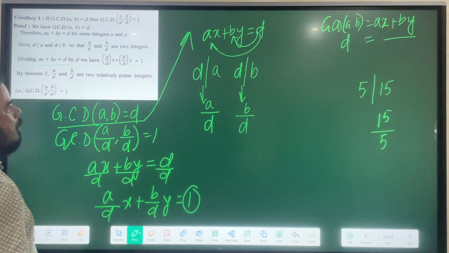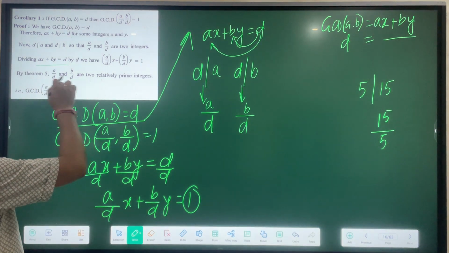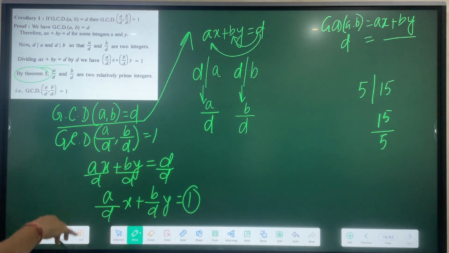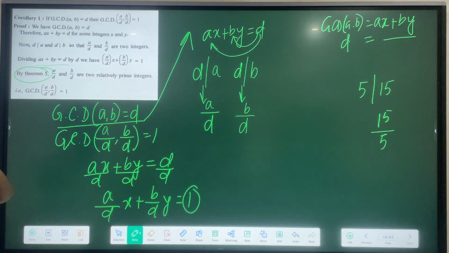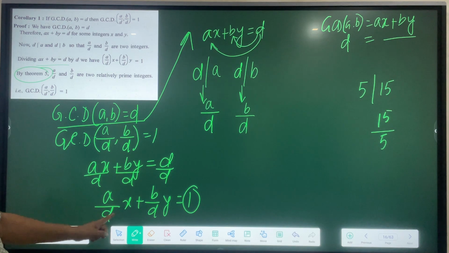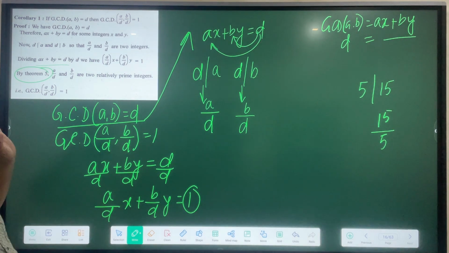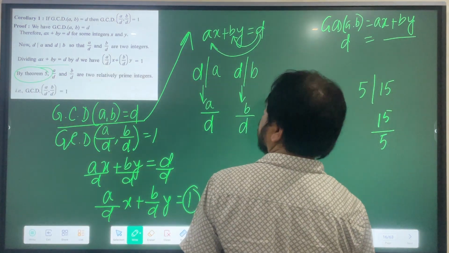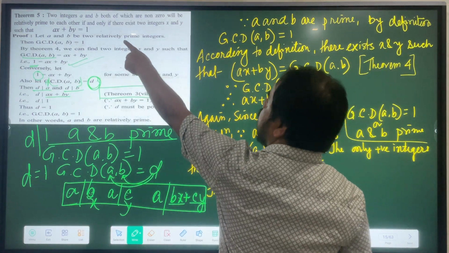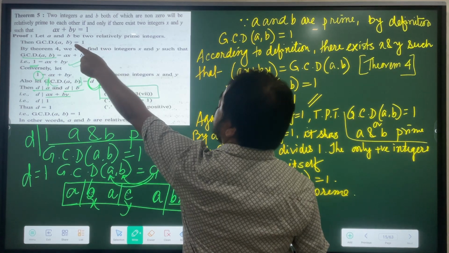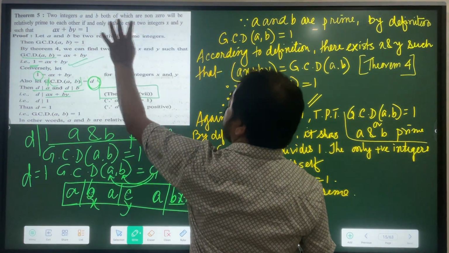When do we get 1? According to theorem number 5, just on the previous page we have got theorem number 5. When ax plus by equals 1, that means GCD of a and b equals 1. Theorem number 5: if a and b are prime to each other, then ax plus by equals 1.